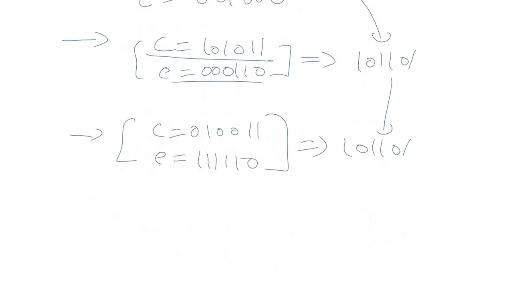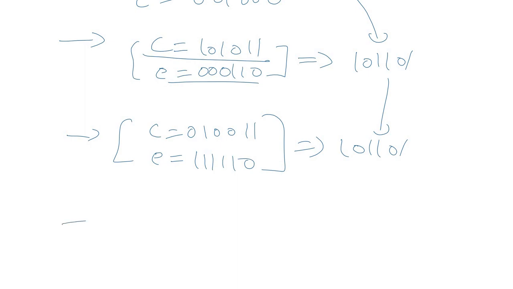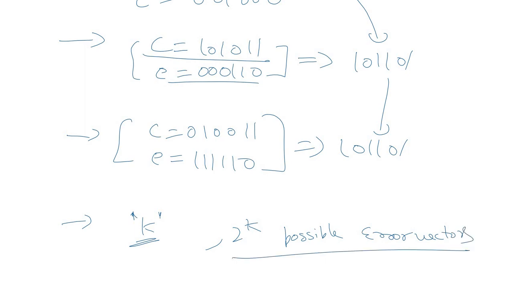We can say that if the value of k is equal to 3, or if we talk in general terms, if the data word consists of k digits, then there are 2 raised to power k possible error vectors. We cannot say the error vectors are unique.